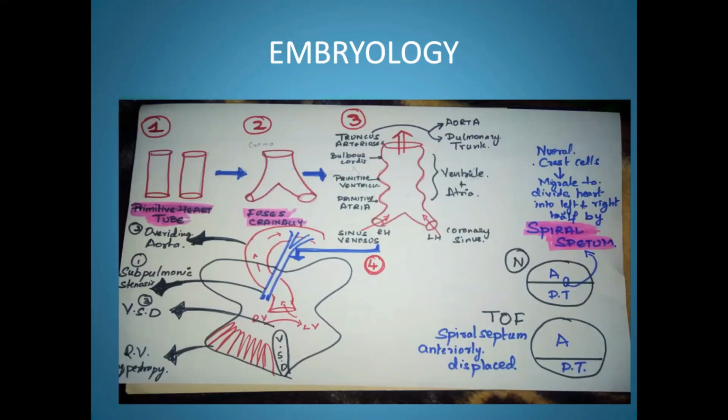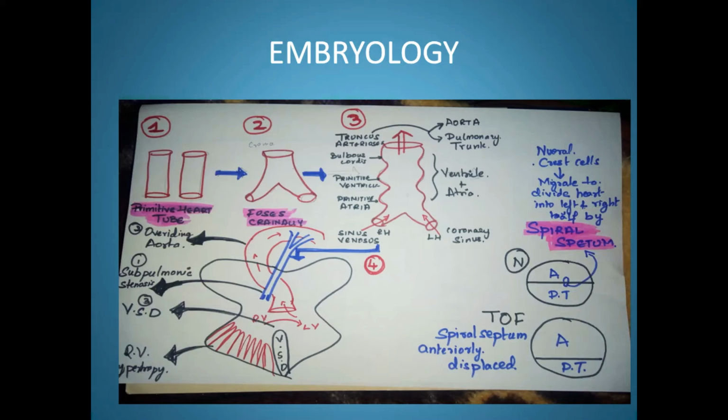Here is a brief embryology so that we can understand the concept more easily and recollect all four components of tetralogy of Fallot. We start with two primitive heart tubes which fuse cranially and proliferate to produce one heart tube, which has an outflow tract called the truncus arteriosus and an inflow tract, the sinus venosus.